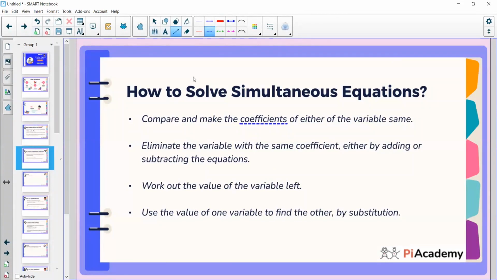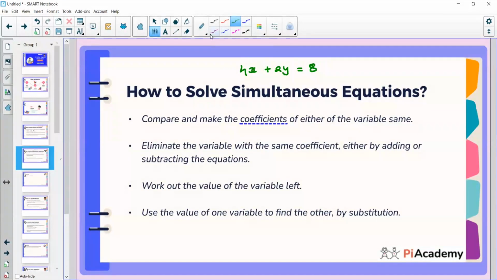What's a coefficient? So we have seen, yes, Isabella, can you tell me what is a coefficient? Coefficient is basically, suppose you got 4x plus 2y as 8.